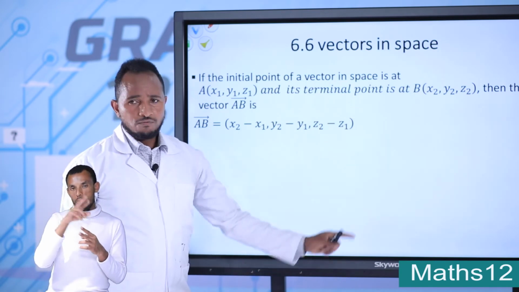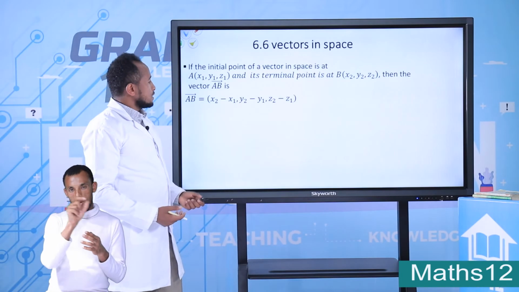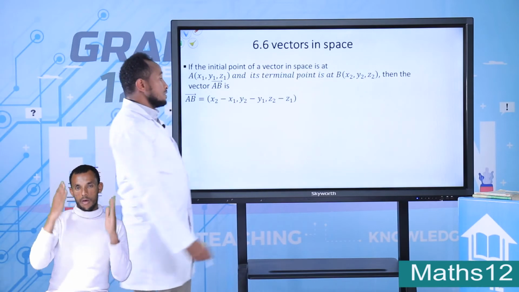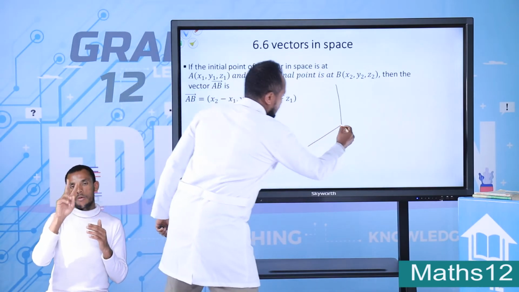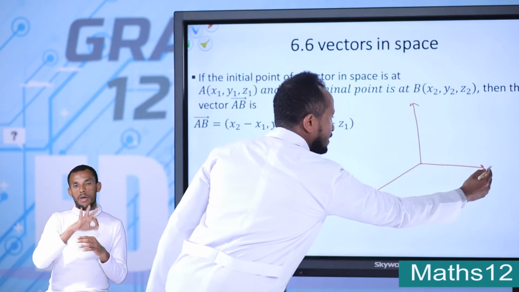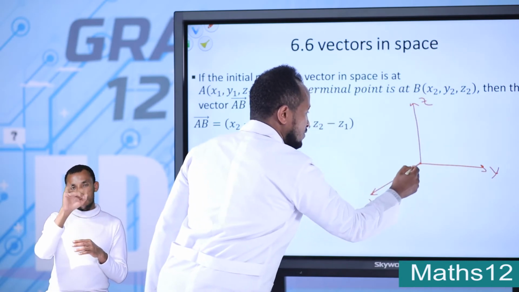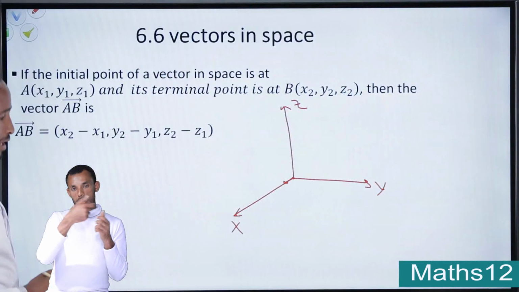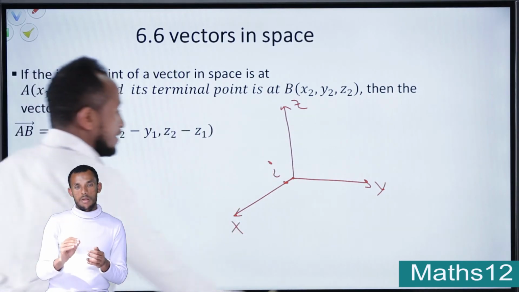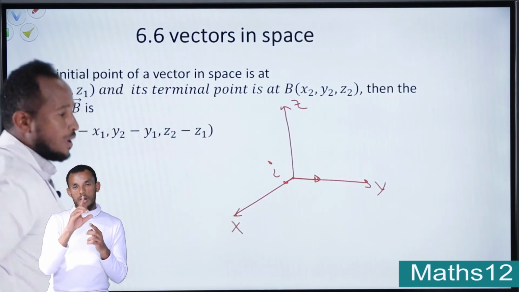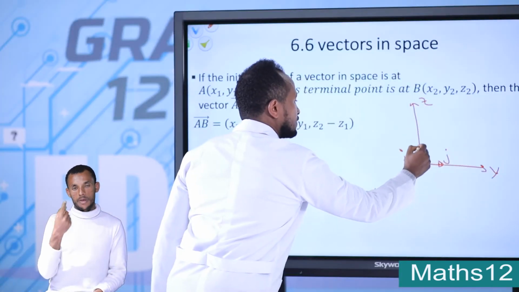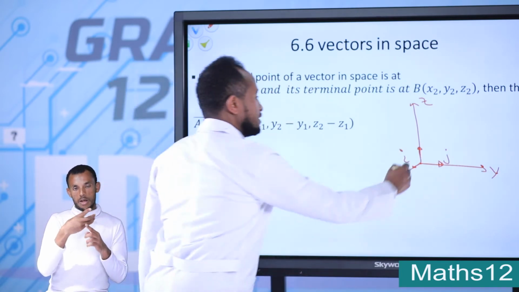You can write it in column vector form, or you can use unit vector representation. I hope you know the unit vectors along the x-axis, y-axis, and z-axis. A vector with magnitude 1 along the direction of x is i, the unit vector along the direction of y is j, and the unit vector along the direction of z is k.